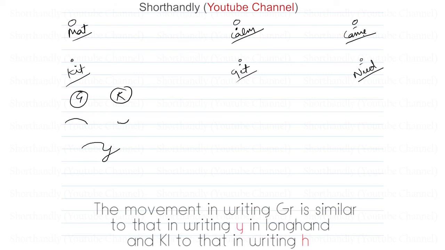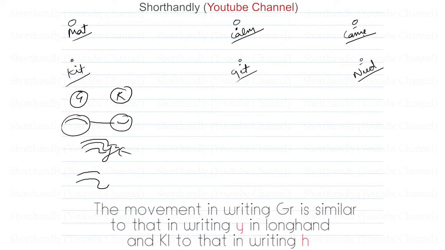So when we write these two together, the motion should be like this, as you notice here. Overall, if you write these two characters together, it should be like this. As you can see, the motion is similar.